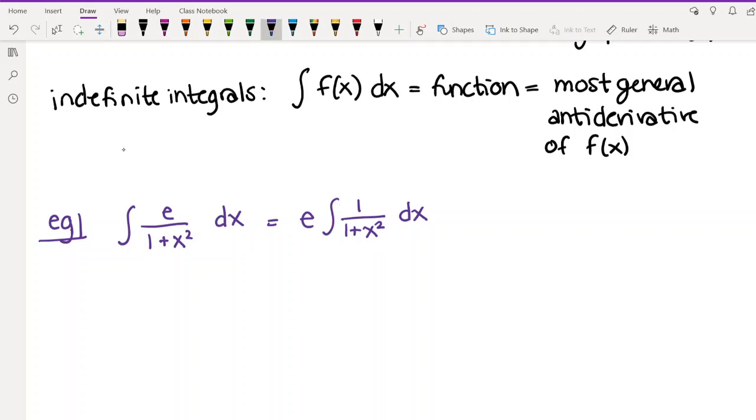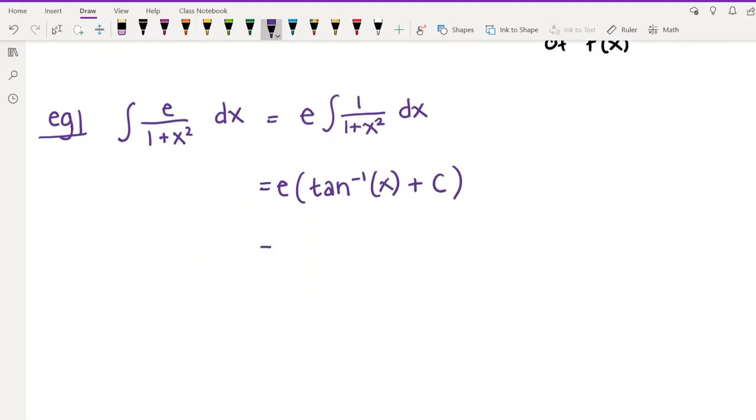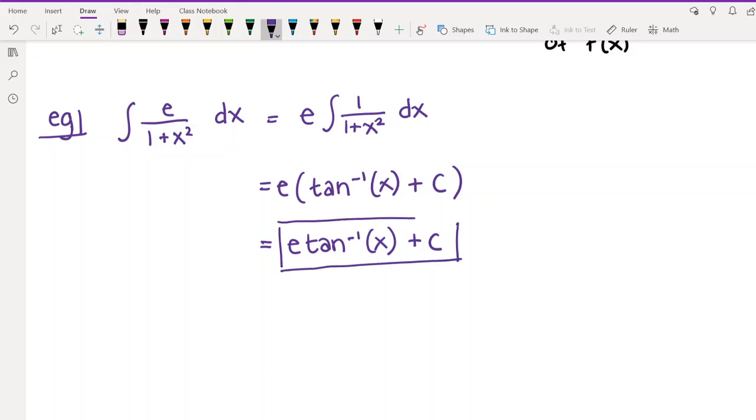We know that the most general antiderivative of 1 over 1 plus x squared would be inverse tangent of x plus c. And now you can just multiply that e in, and you don't have to write e times c, right? You can just say plus c, because c is supposed to represent any constant. It doesn't really matter that you multiply it by e, because it's not one specific constant. It's a stand-in for any constant.